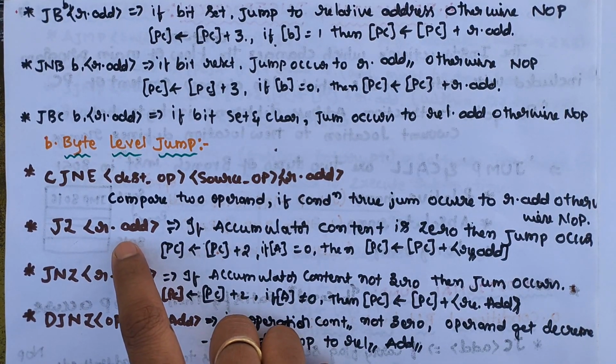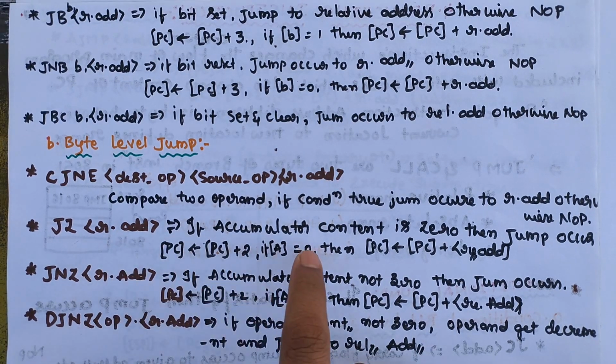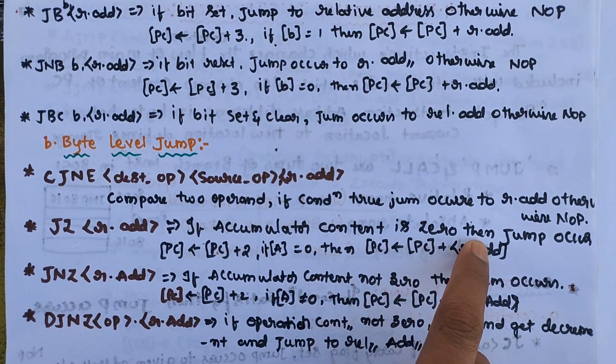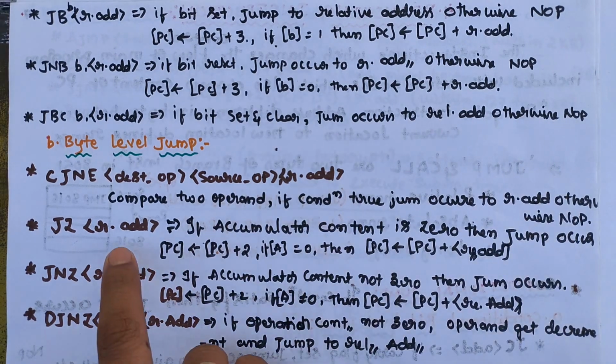Similarly, JZ is jump if zero. If the accumulator content is 0, then the jump will occur to the given relative address.